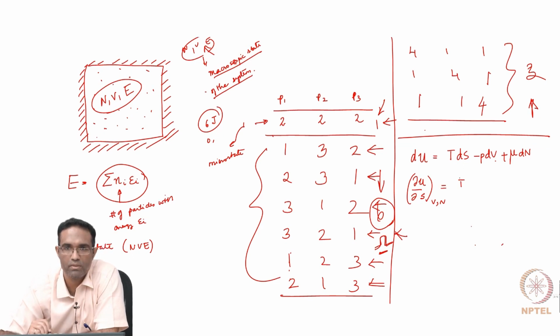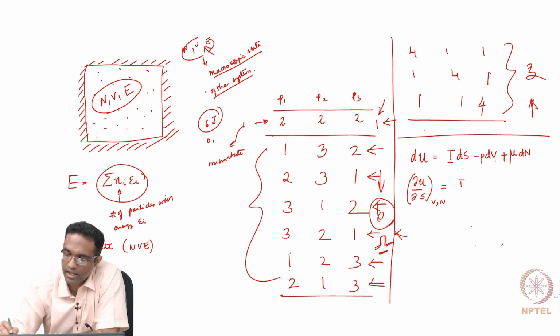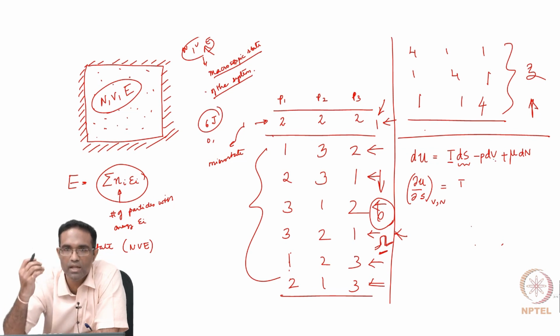It's temperature. Okay. So in this expression, it is viewed as if this dS is a controlling variable, and the corresponding thing that comes out of it is actually the temperature. In this expression, dV is the controllable variable, and the pressure that comes out of it is the result.